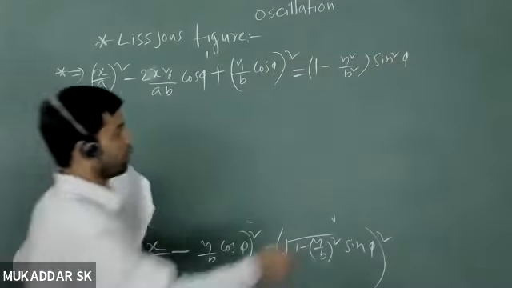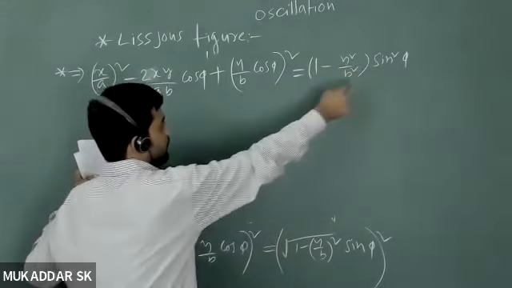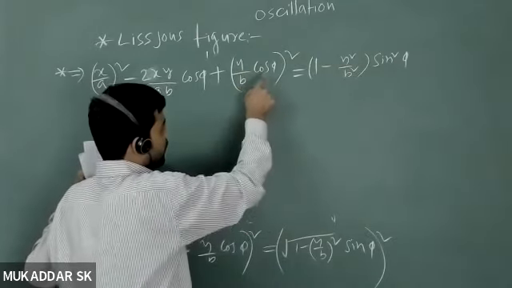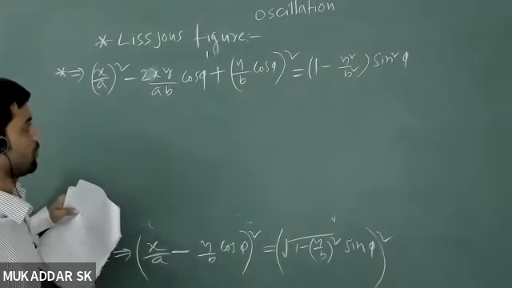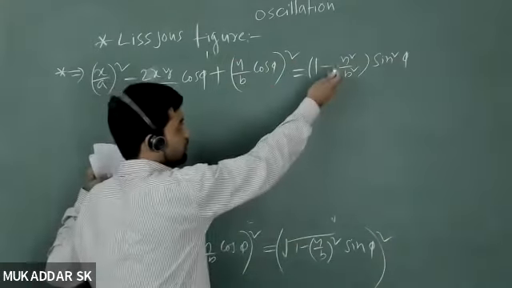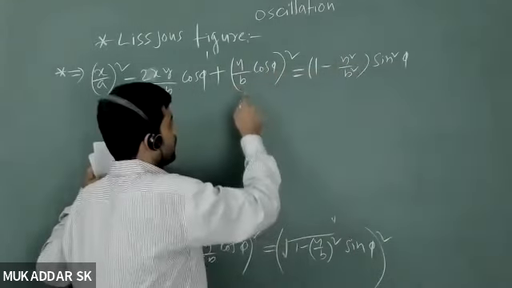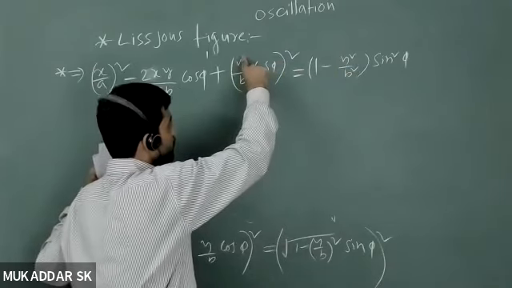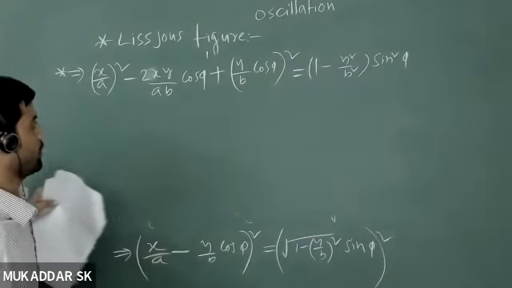Okay. Now if you bring this minus y square by b square sine square phi to the left hand side, then you can take y square by b square common, and inside the bracket you will get cosine square phi plus sine square phi, that will be 1. What I'm saying is, this minus y square by b square sine square phi term, if you bring it outside, you will get y square by b square here also. So if you take y square by b square common, you will get cos square plus sine square phi, that will be 1.